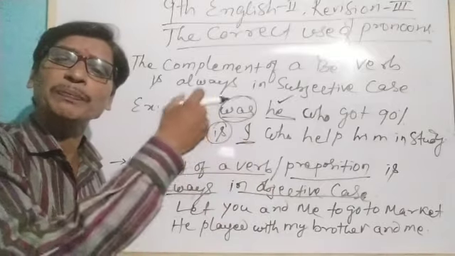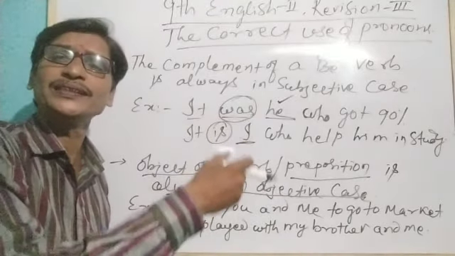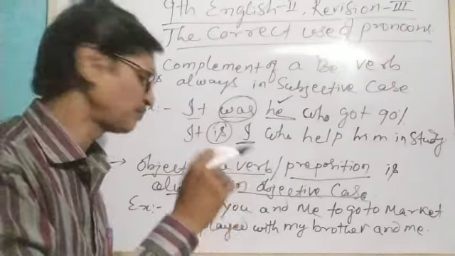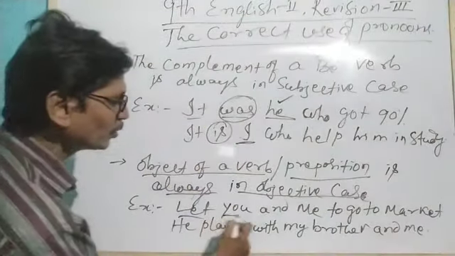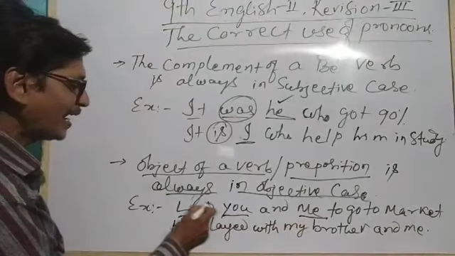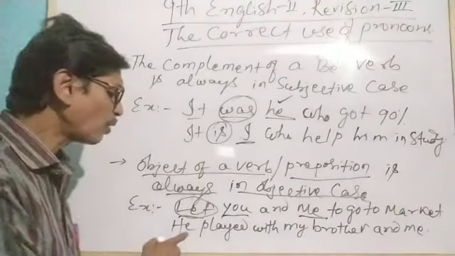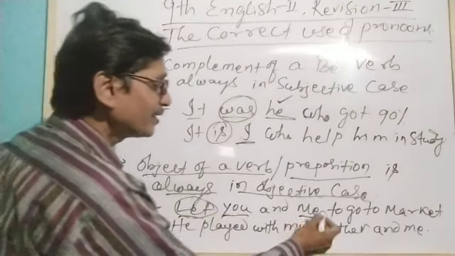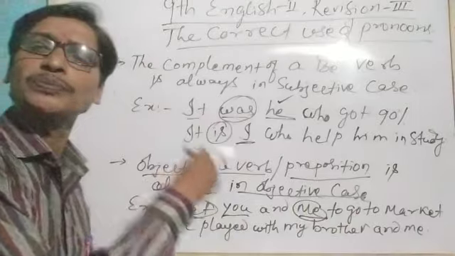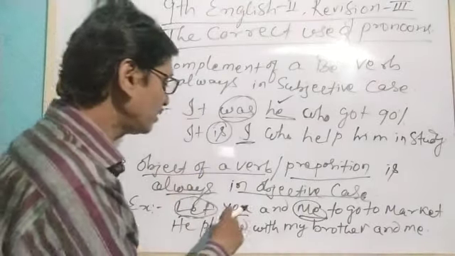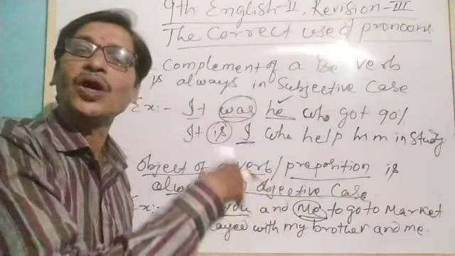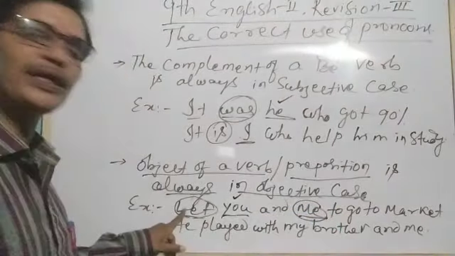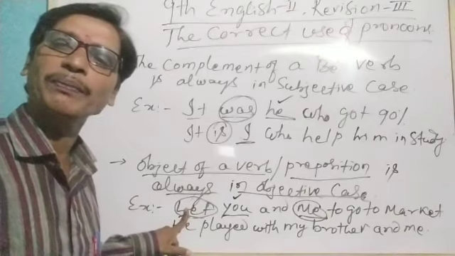If the object of a preposition or a verb in our sentence is a pronoun, that must be in its objective case. You see, let you and me. Here let is a verb. Therefore, after this, the object of a verb, you, and here the me. You is often the subject as well as object, and me is the object case. Here you is object, me is also object, because they are the objects of a verb.